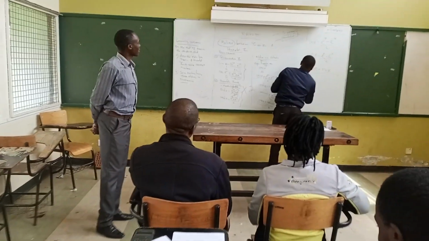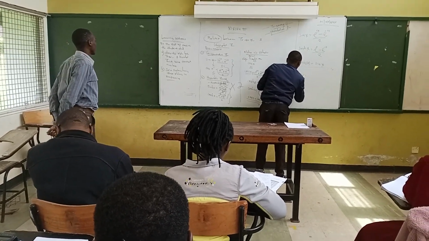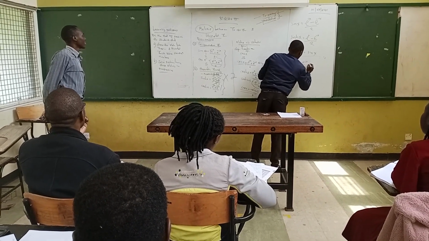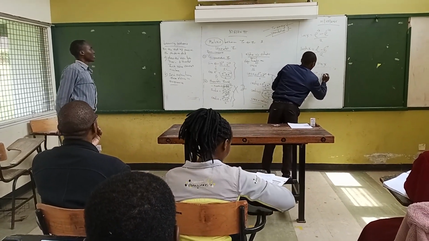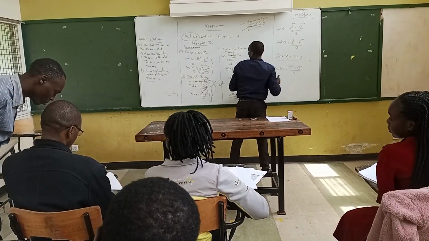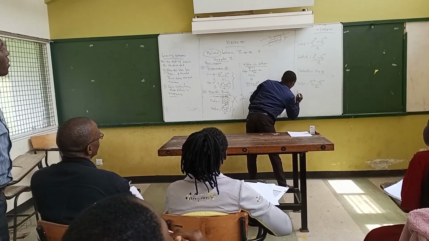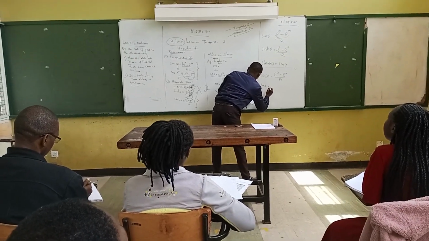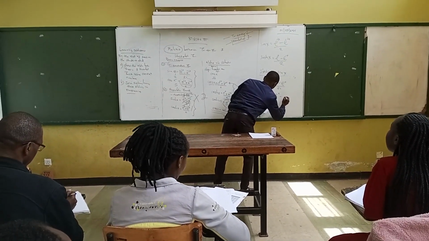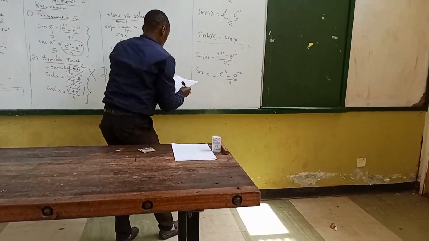We compare the answers. So now sine of x is exponential ix minus exponential minus ix all over 2i. I think this is the one that we wrote here. So now the sinh x is the exponential x minus exponential of minus x all over 2.